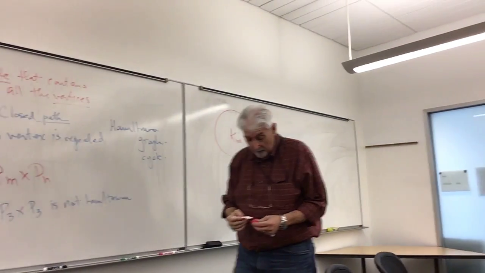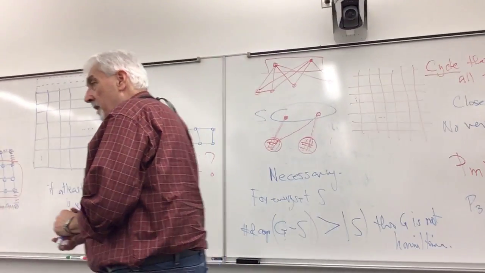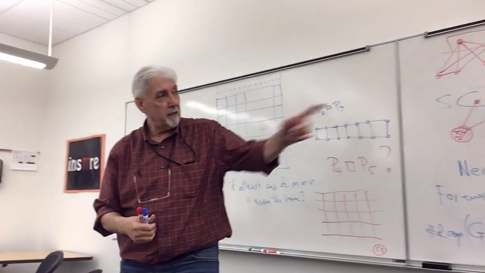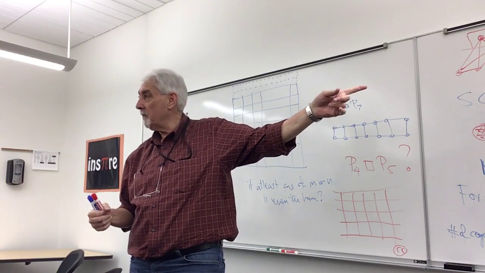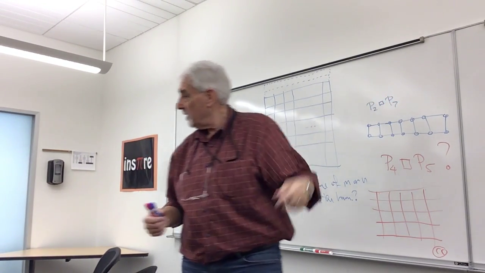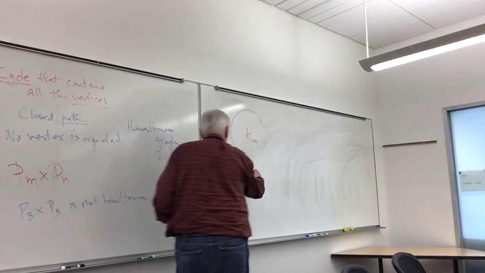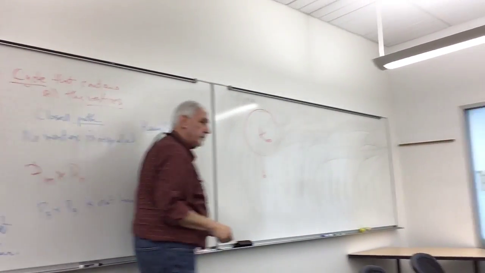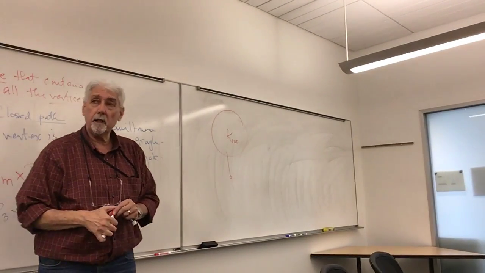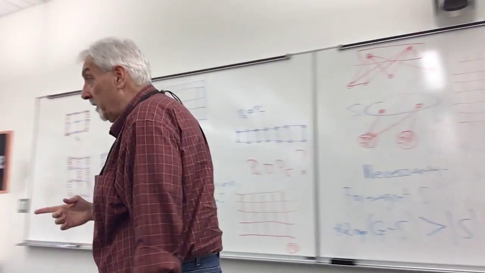Okay, let me cut to the chase. So if I have K100 and I add a vertex, is this graph Hamiltonian? No, because there's no way. It's not connected. Okay, so connected. Is this Hamiltonian? But it's connected. Maybe?